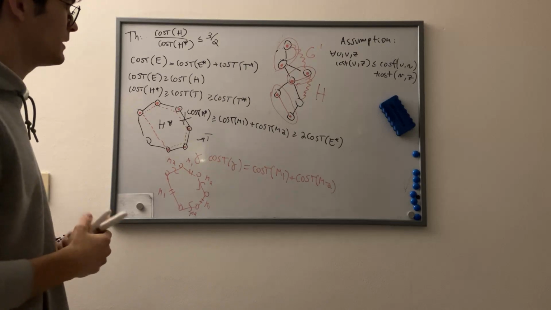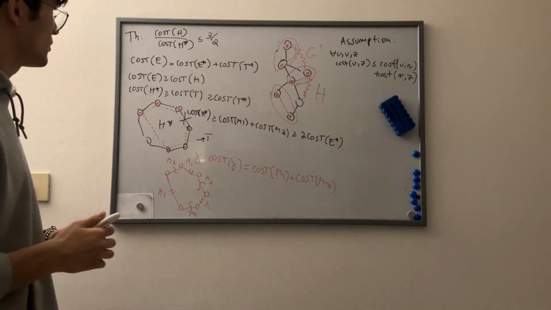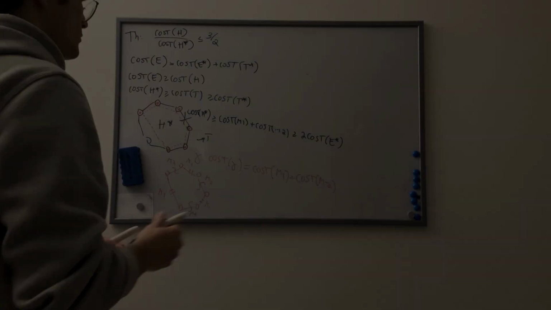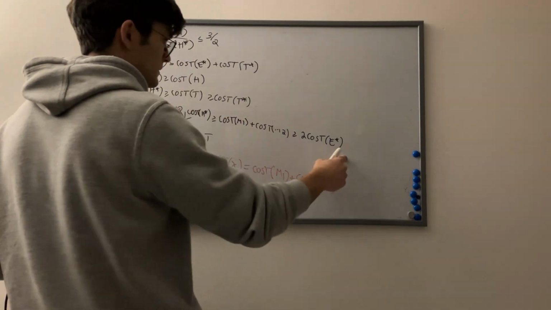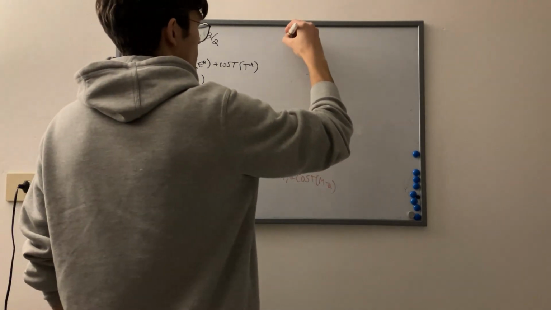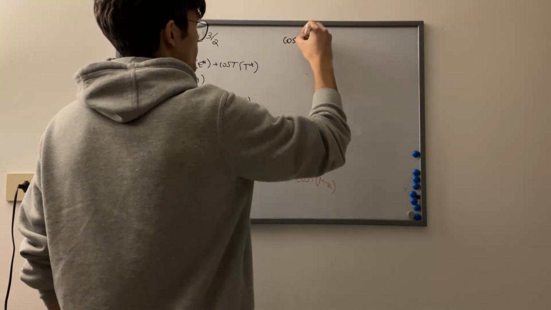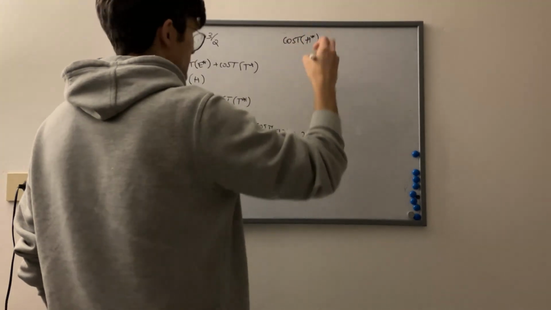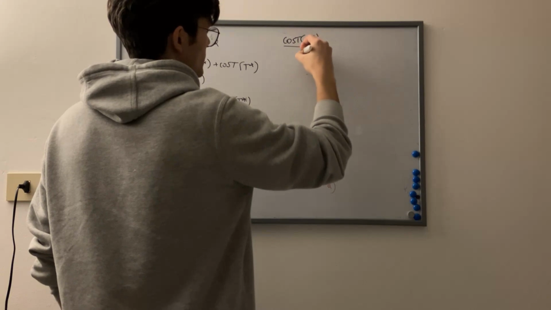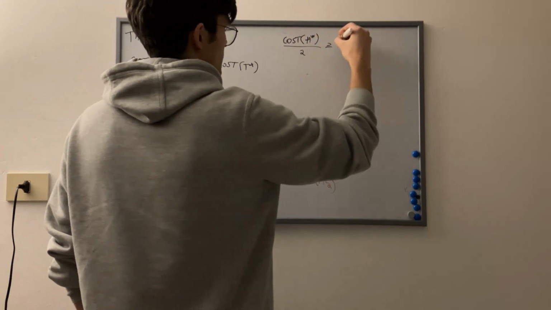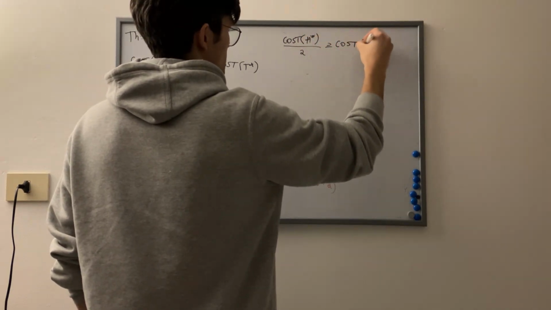Okay, so now we are ready to put things together. What we can state from this is that the cost of H star divided by 2 is greater or equal than the cost of E star.